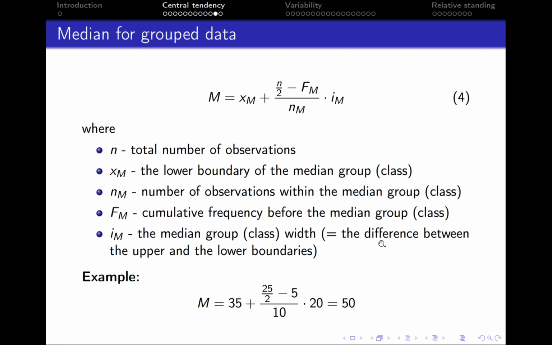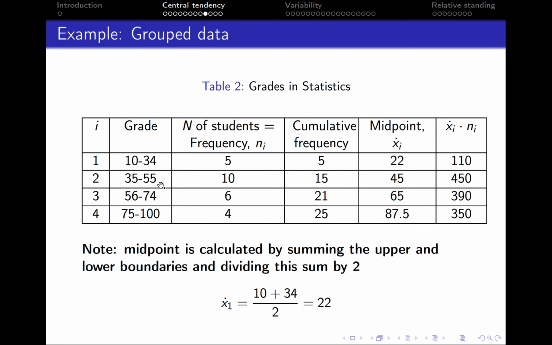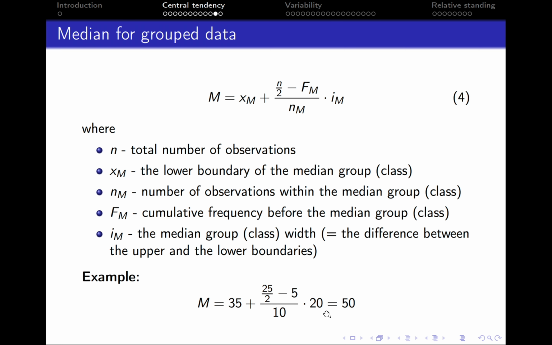This value is calculated as the difference between the upper and the lower boundaries. So in our case, this will be 55 minus 35, which gives us 20. So the fraction should be multiplied by 20. So we get that the median for this group data is 50.